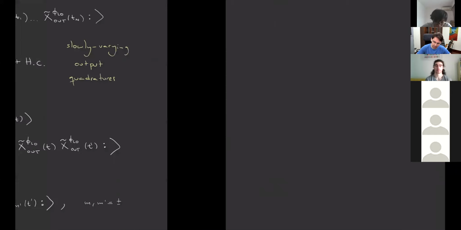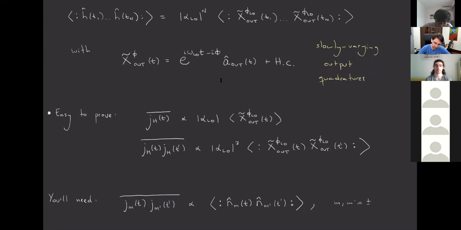So now that we understand that the homodyne photocurrent is related to moments of the quadrature operators, let's say that we are happy, and in particular, now I will always refer to fluctuations.